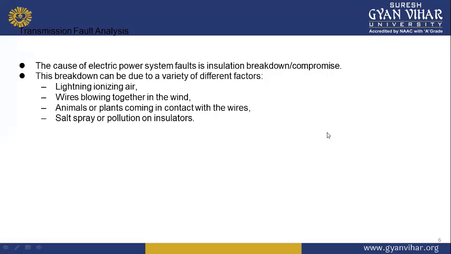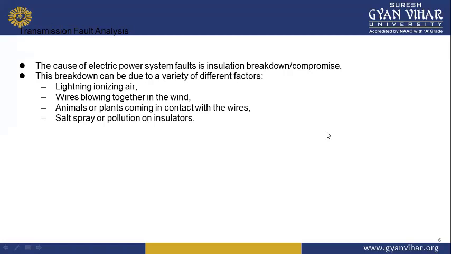Another reason is wires blowing together in the wind. When we do not have the appropriate sag and distance between two conductors, and heavy wind blows, the adjacent conductors get tangled or may come in contact with each other and cause a short circuit.